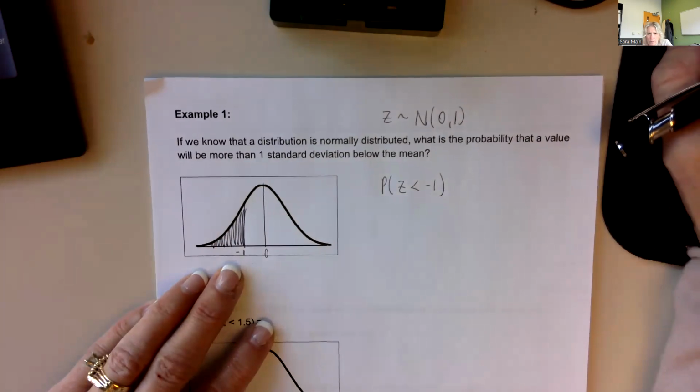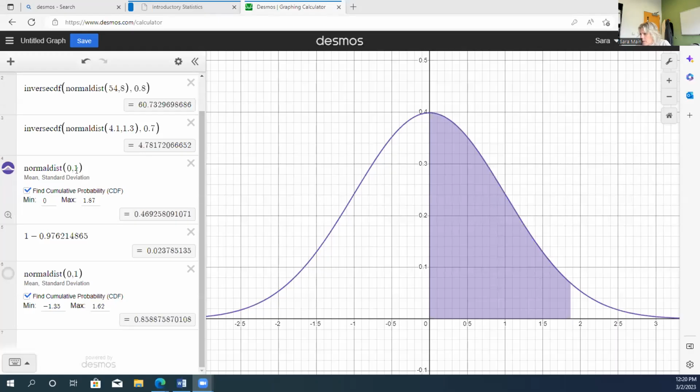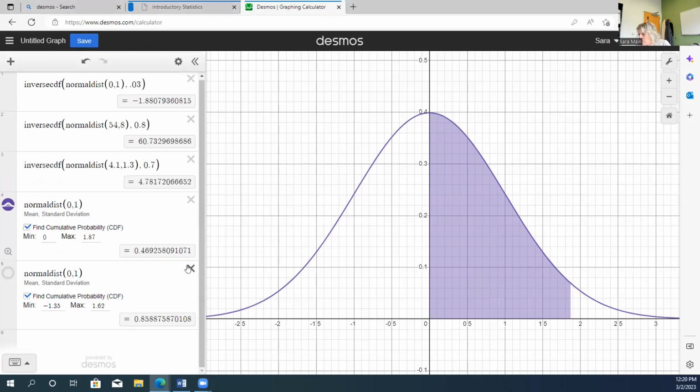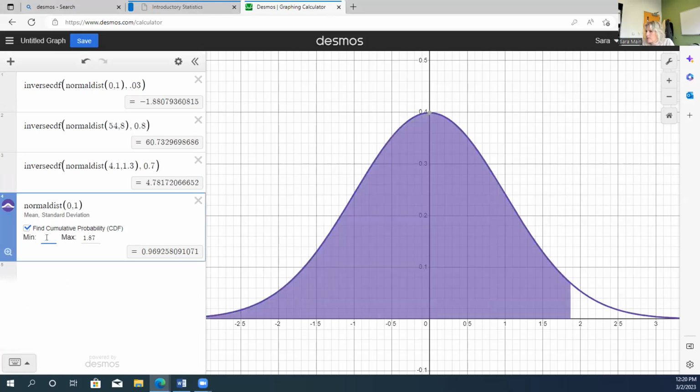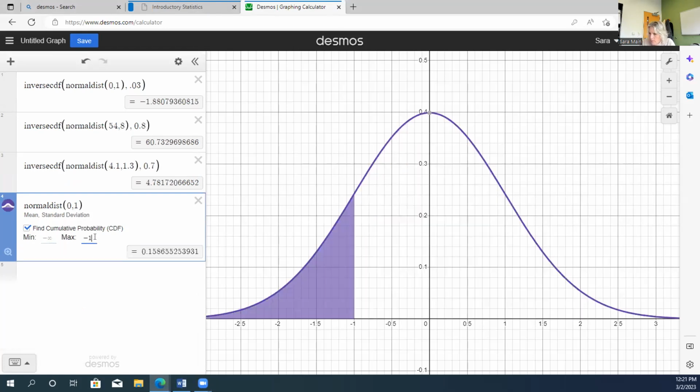And so I'm going to share my screen. I am looking at the normal curve here. You can see it on my screen here. It has 0 and 1, but I want to know less than -1. So I'm going to delete my minimum, which is going to be negative infinity, and then my maximum is going to be -1.